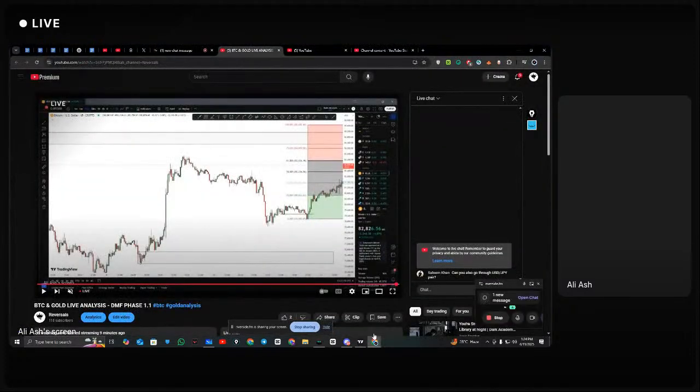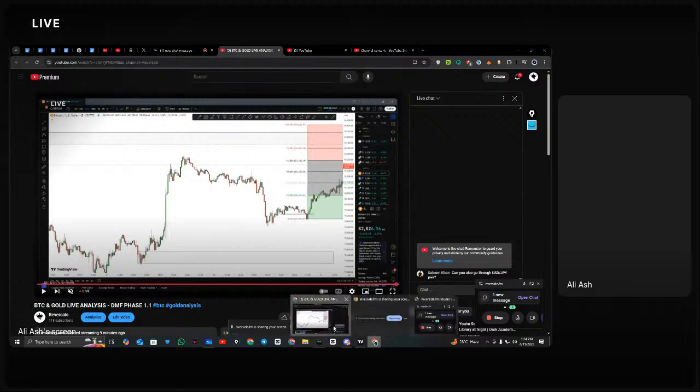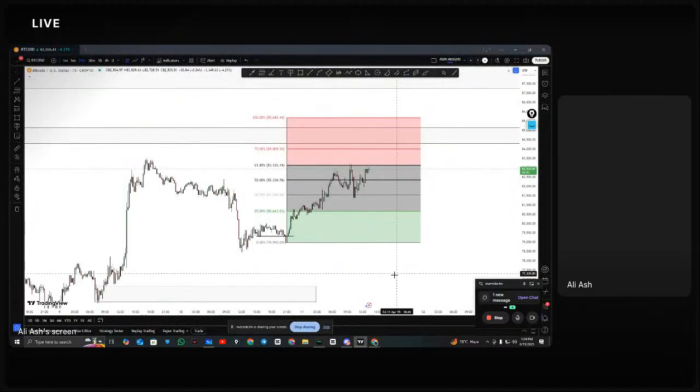With the inverse cup and handle, we see another direction. Normally the stop losses of retailers are on the downside, so to hunt those stop losses, this is the direction institutions use.